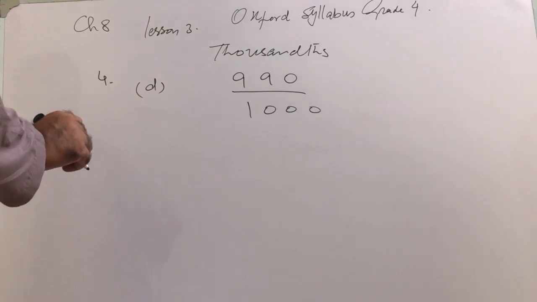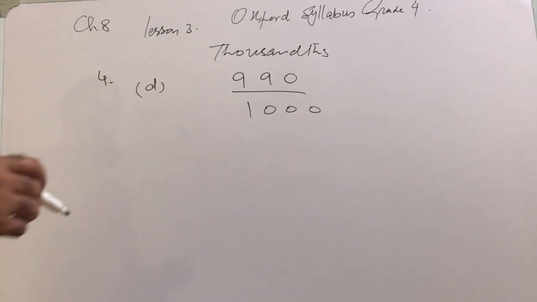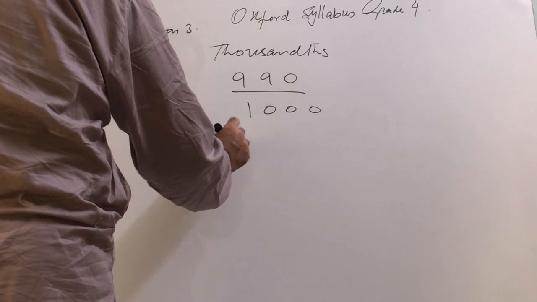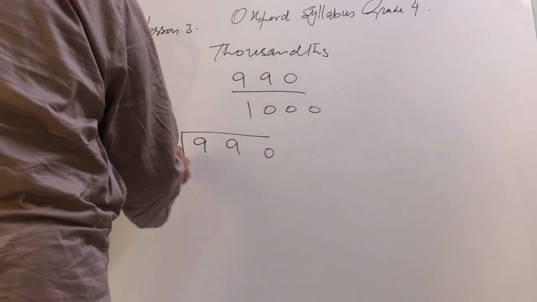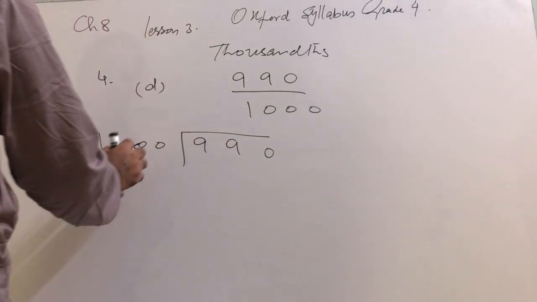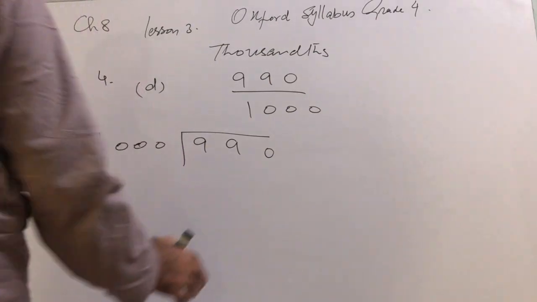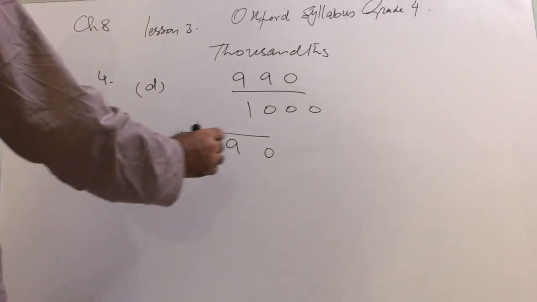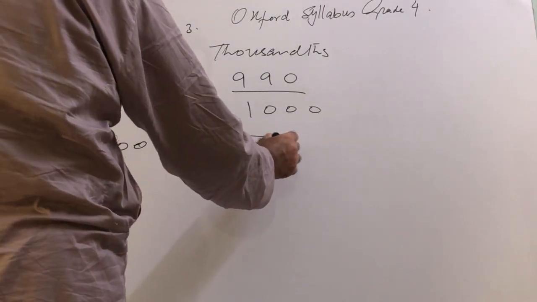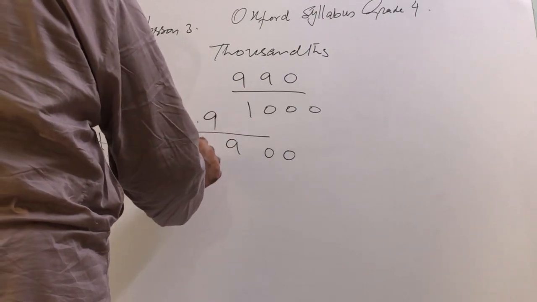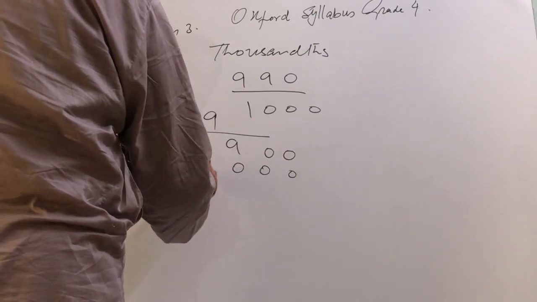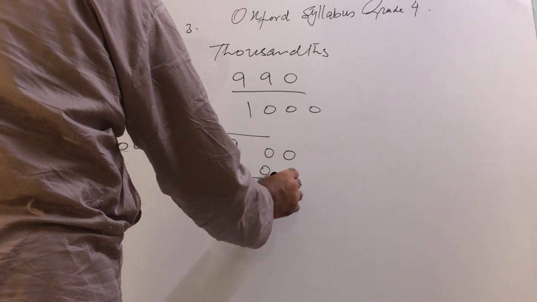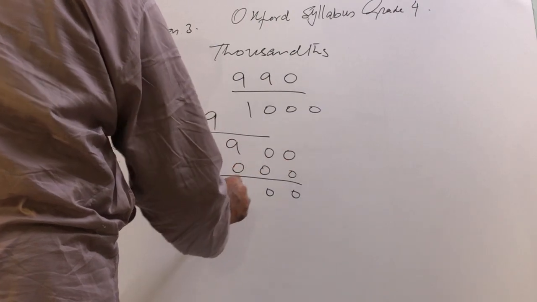Just to convert it into decimal, we will divide the numerator by the denominator. This is smaller than this, we cannot divide, so we need to put a decimal point here, put 0 here. 1000 nines are 9000. We need to subtract, 0, 0, 9.